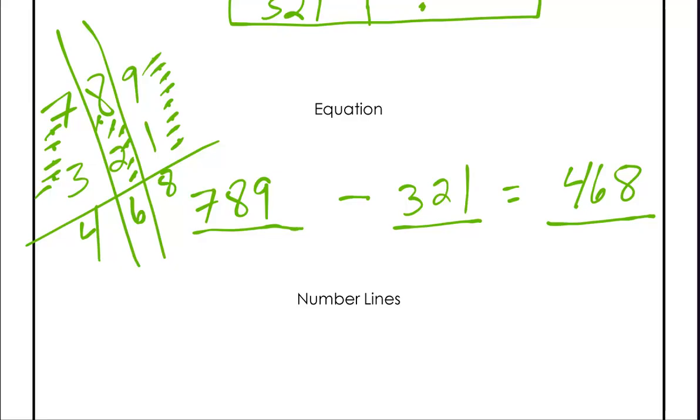Now, how can we verify or prove that this is correct?